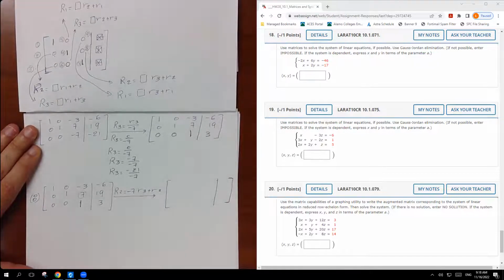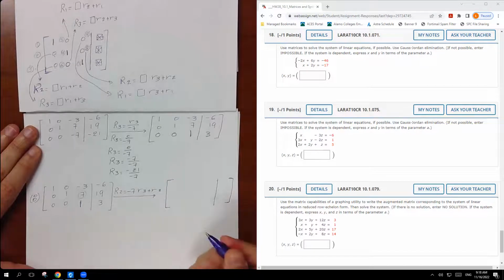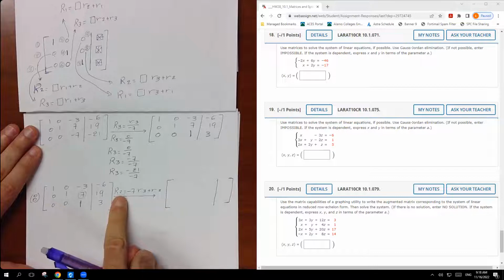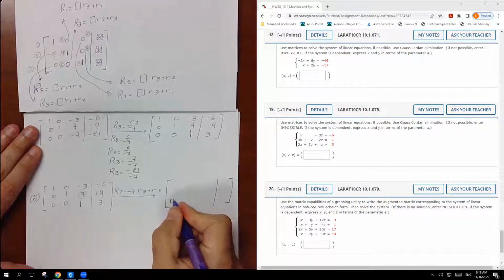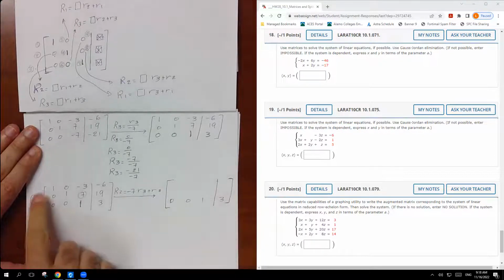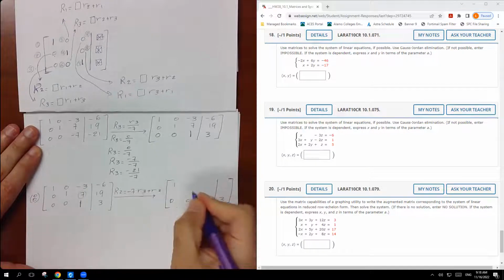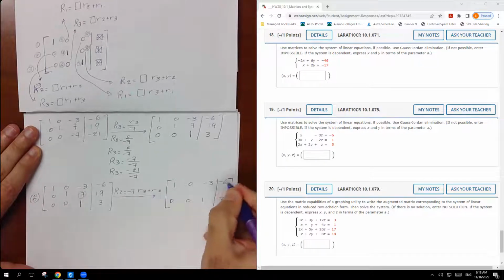So let's check here. The change is going to be on R2, so R3 and R1 are the same. This is R3: 0, 0, 1, 3. And R1 is the same, which is 1, 0, -3, and -6.